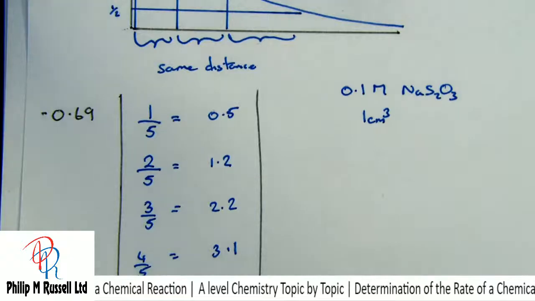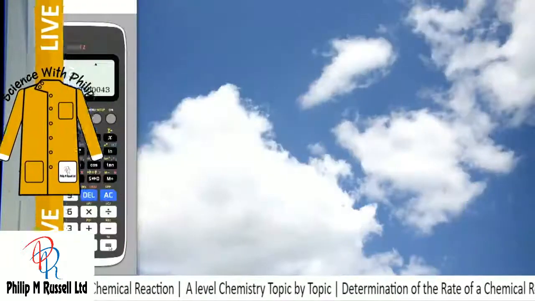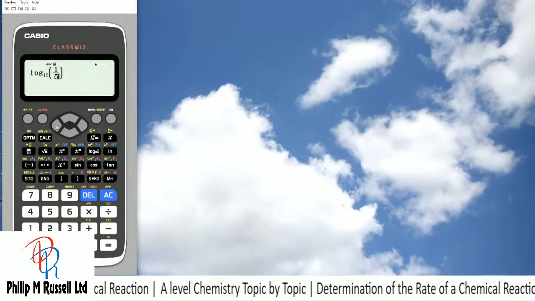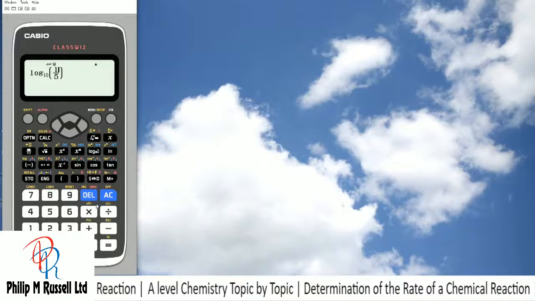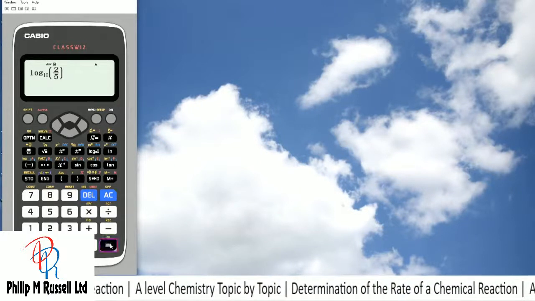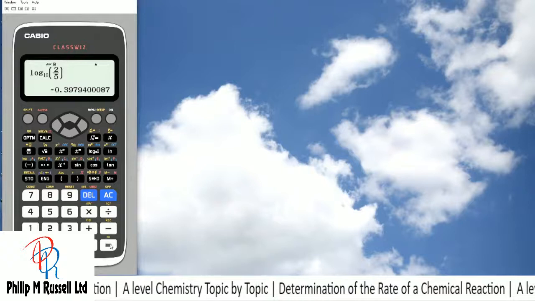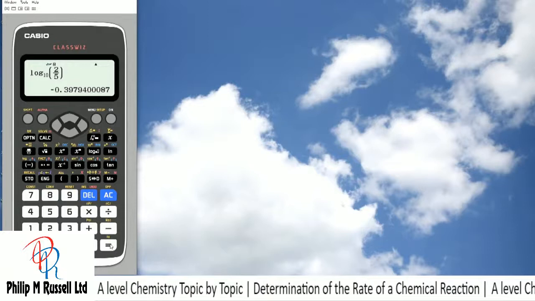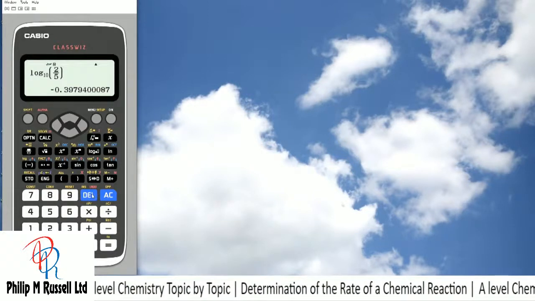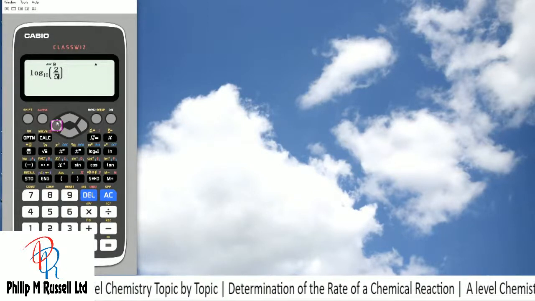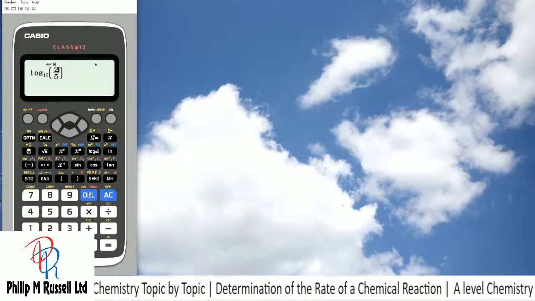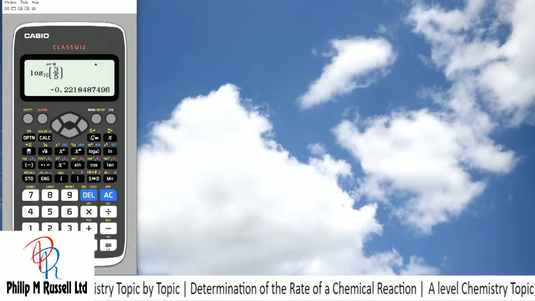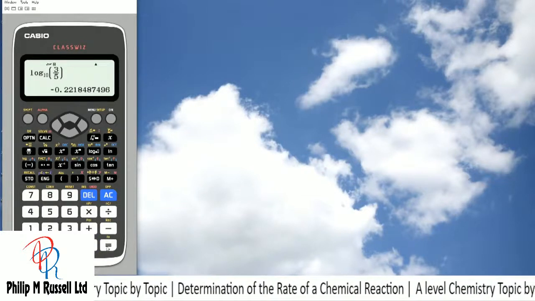Now we can work out the values of all of these, and all I've got to do to make my life easier is edit that and put in 2, which gives me minus 0.39, really 0.4, but still, let's go and edit this back. Then I've got 3/5, minus 0.22.